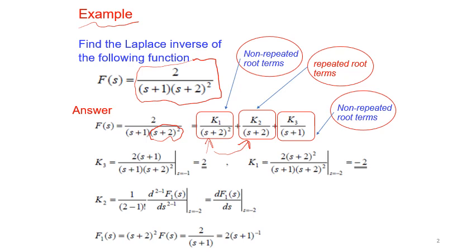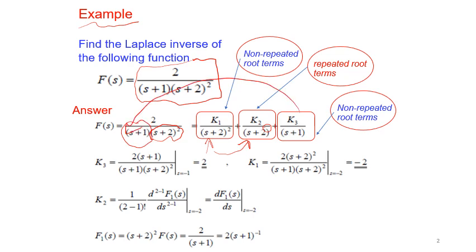So when we expand it, we are going to write it as k1 over (s + 2) squared, plus k2 over (s + 2) to the power of 2 minus 1, if you notice, to the power of 1, plus k3 over (s + 1).